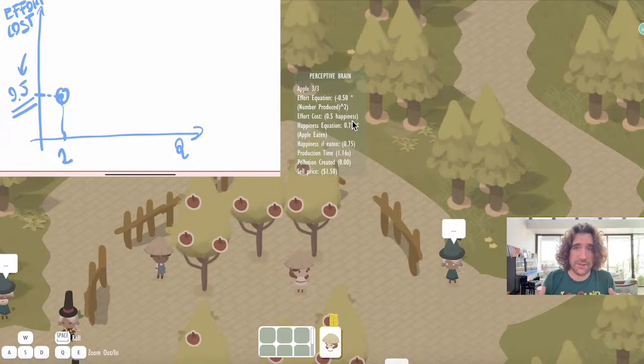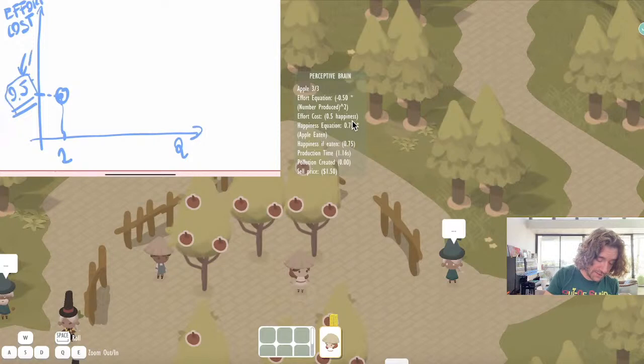Instead, the only cost here, the only opportunity cost in this level is the disutility from effort. So the only cost in this case is the 0.5 unit of happiness that your character has to forego. They don't like working, so their happiness decreased by 0.5.